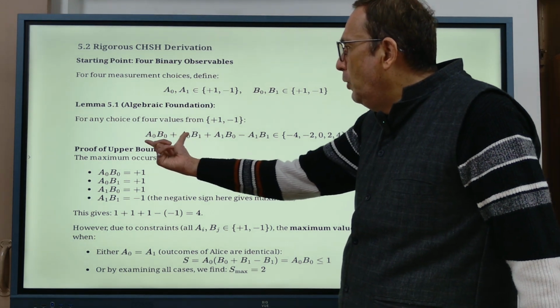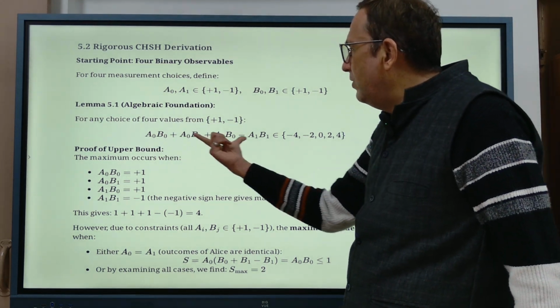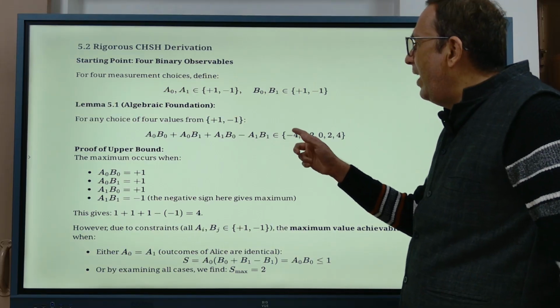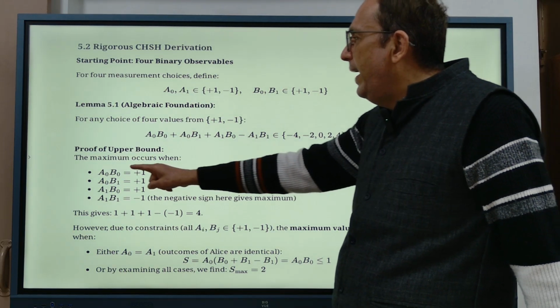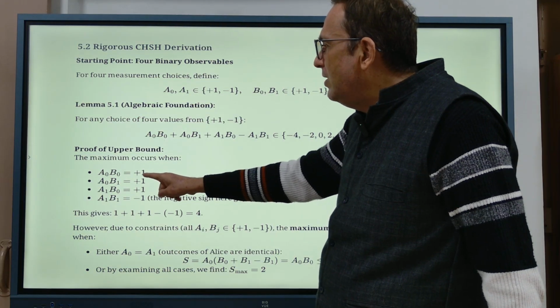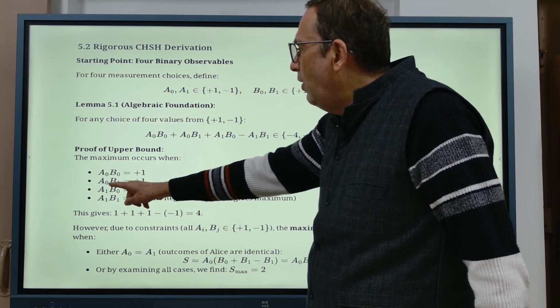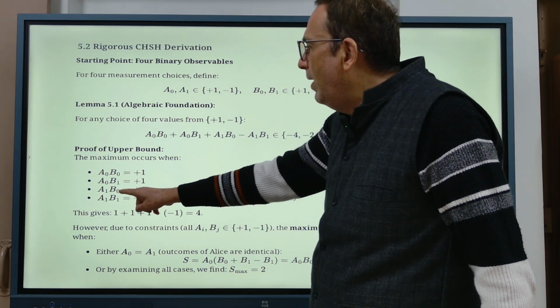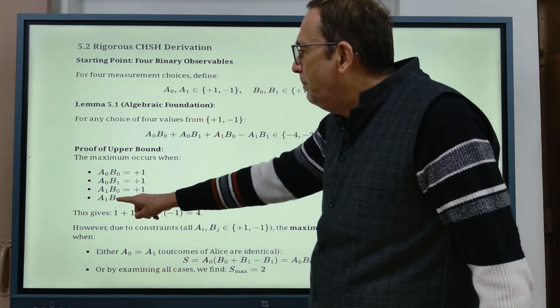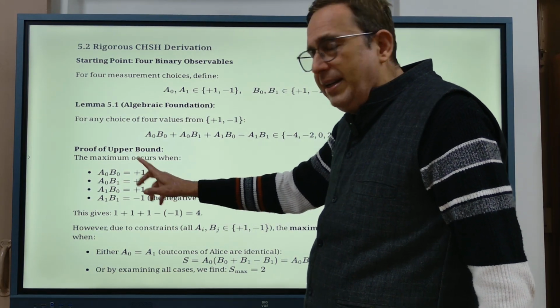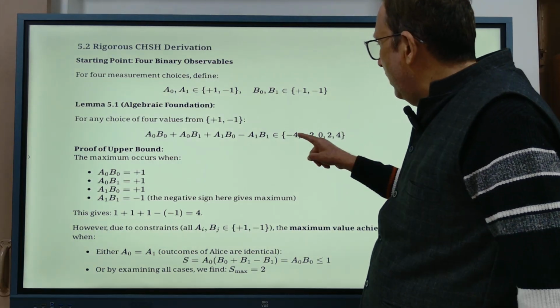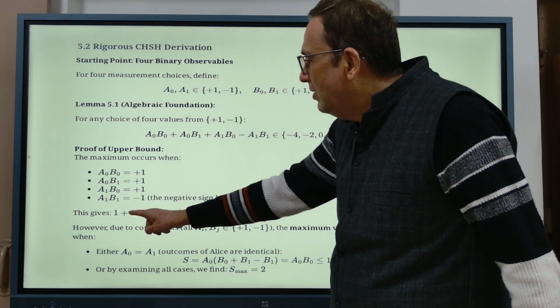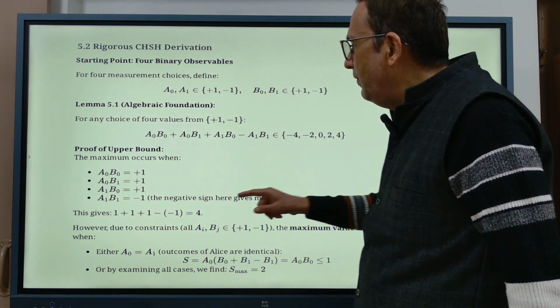So all these terms can have values minus 4, minus 2, 0, 2 and 4, because A0B0 can be plus 1, A0B1 can be plus 1, A1B0 can be plus 1, and A1B1 can be minus 1. It is possible. So the maximum value is 4 here, which is 1 plus 1 plus 1 minus minus 1, which is 4.